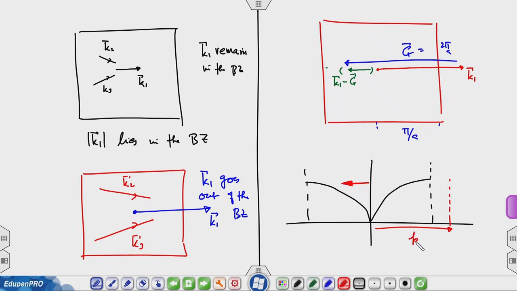So, this is k 1 and this is k 1 minus g. In the extended scheme, this is where I am coming, it is somewhere here. This point is equivalent to this point, and for this k, the group velocity, which is d omega d k, is less than 0. So, let us now try to understand what does all this mean.